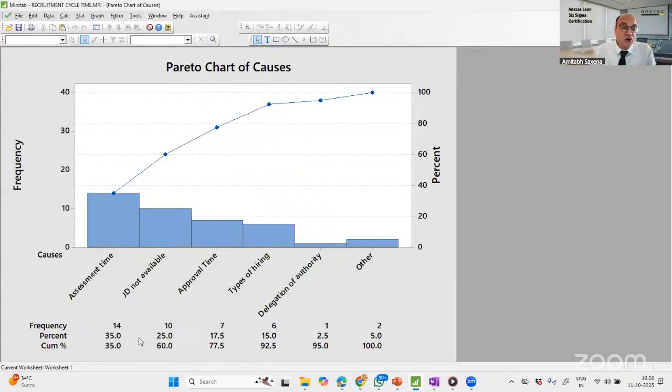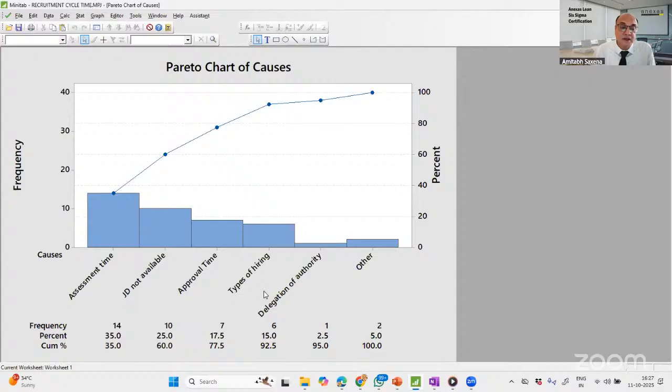If you see the contribution percentage of each of these causes, assessment time is biggest, job description not available is second, then third. The blue line is the cumulative: the first one is 35%, the first 2 together are 60%, the first 3 together are 77%.